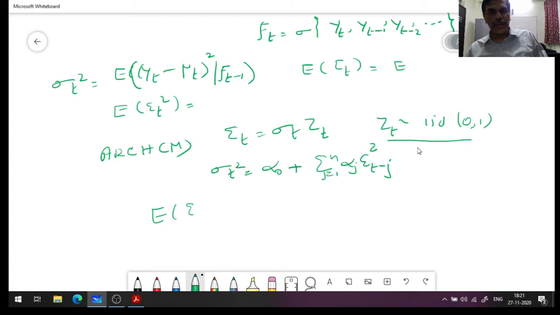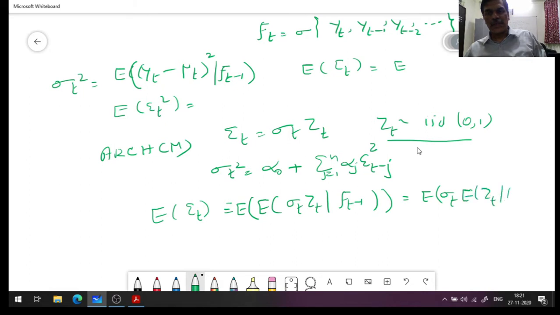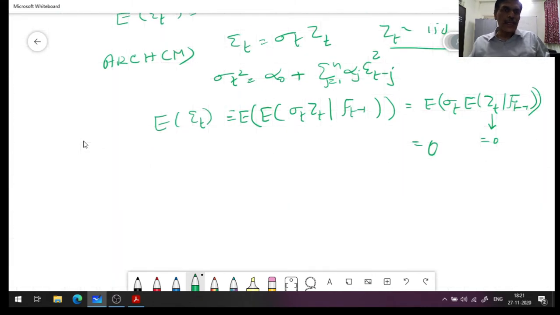We have computed and seen that the expected value of epsilon_t is the expected value of sigma_t z_t given F_{t-1}, and then once again taking the expectation of epsilon_t, this is sigma_t times the expected value of z_t given F_{t-1}, and this is 0. Therefore, this whole thing is 0. So the marginal expectation is 0. Similarly, you can also obtain the marginal variance.